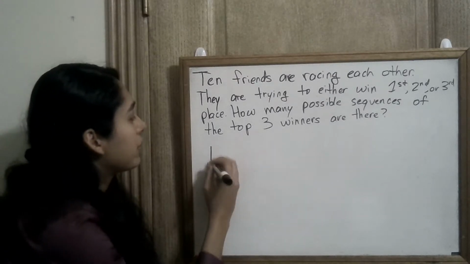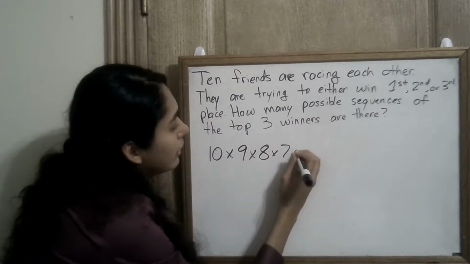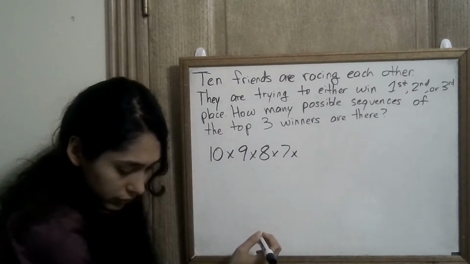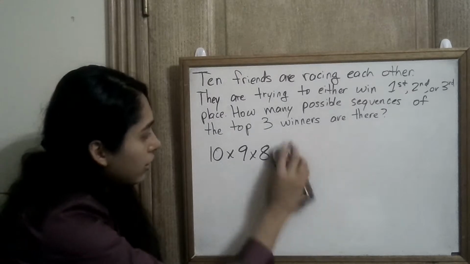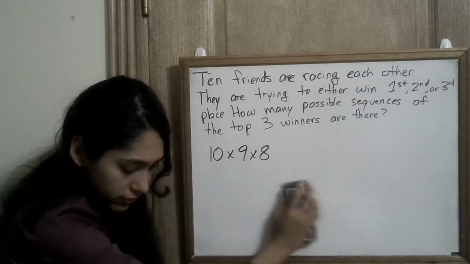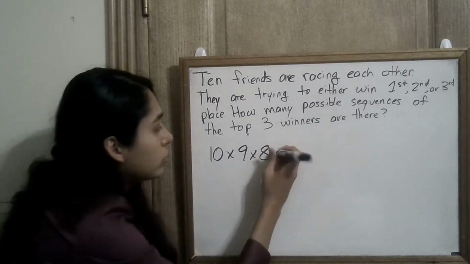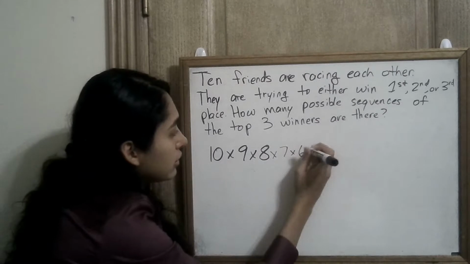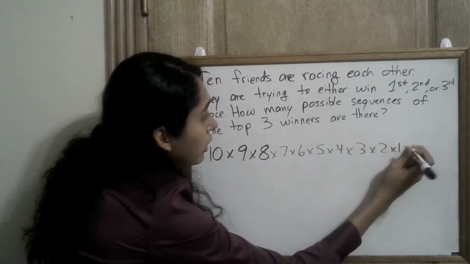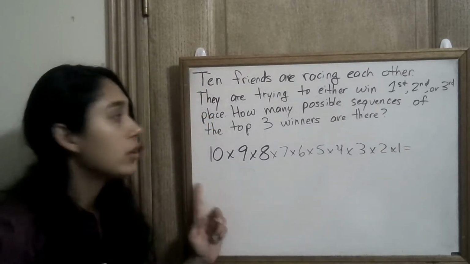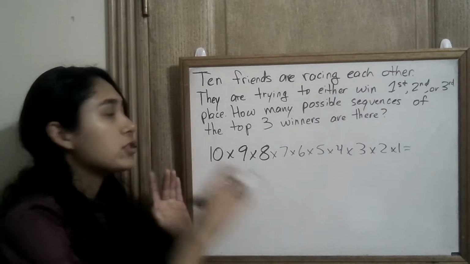So I'm starting off with 10 people, go down to 9, 8, 7, 6, 5, 4, 3, 2, 1, if I was looking for all people organized from first to 10th place.